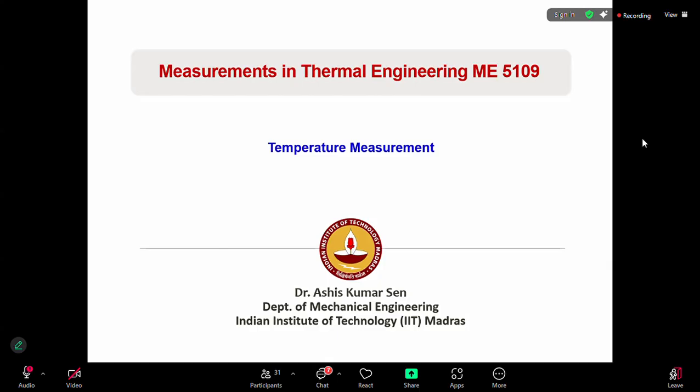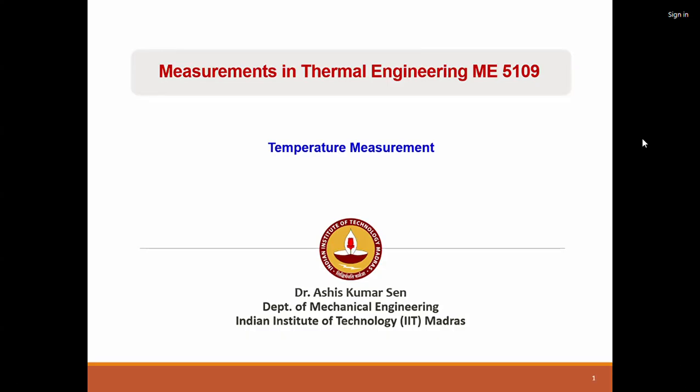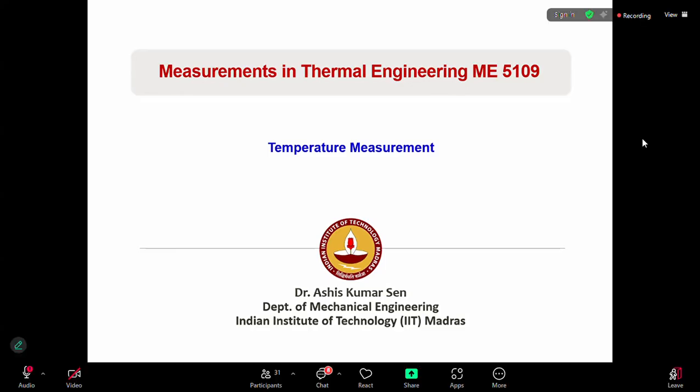Here the objective is to look at the fundamentals of temperature measurement and then look at some of the sources of errors that can come up during temperature measurement towards the end of this chapter.